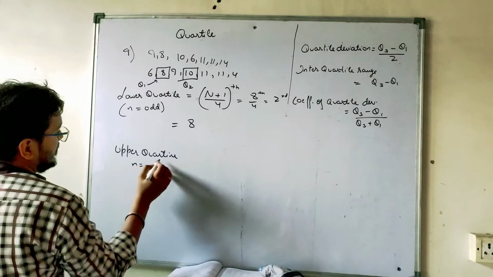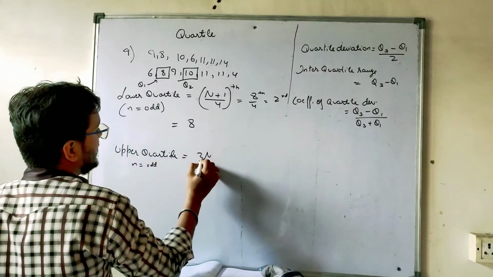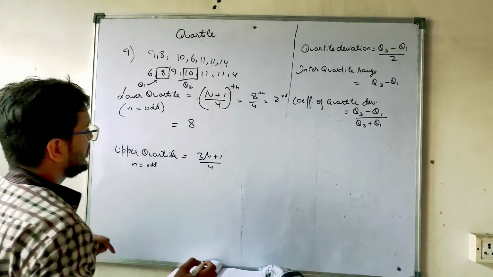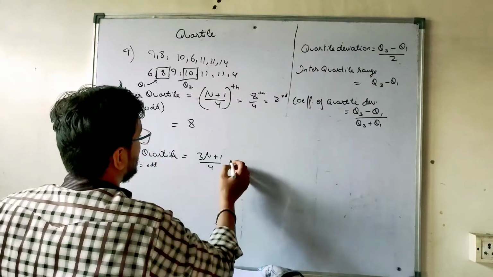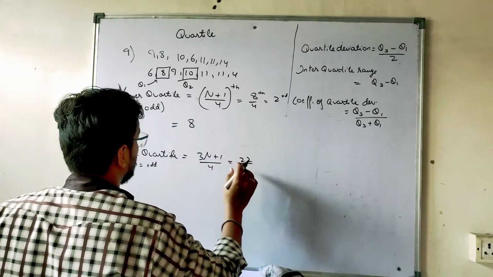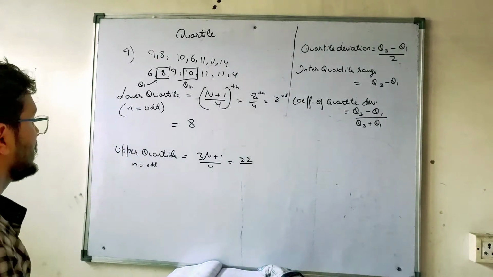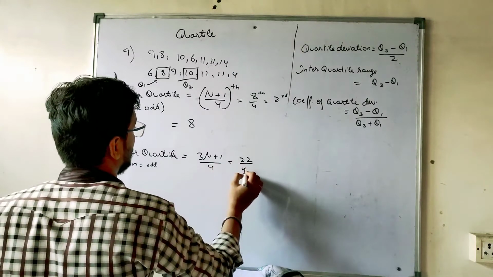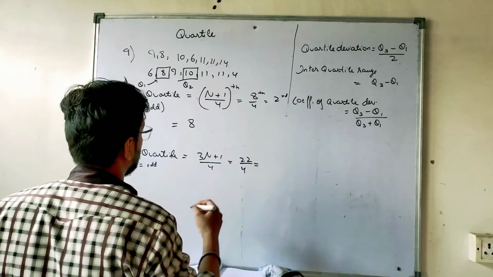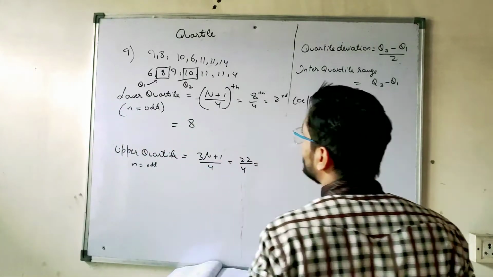Similarly, the upper quartile, if n is odd, will be 3n plus 1 upon 4, right? Oh sorry, just hold on, somewhere I have made a mistake. The n value here is 7.